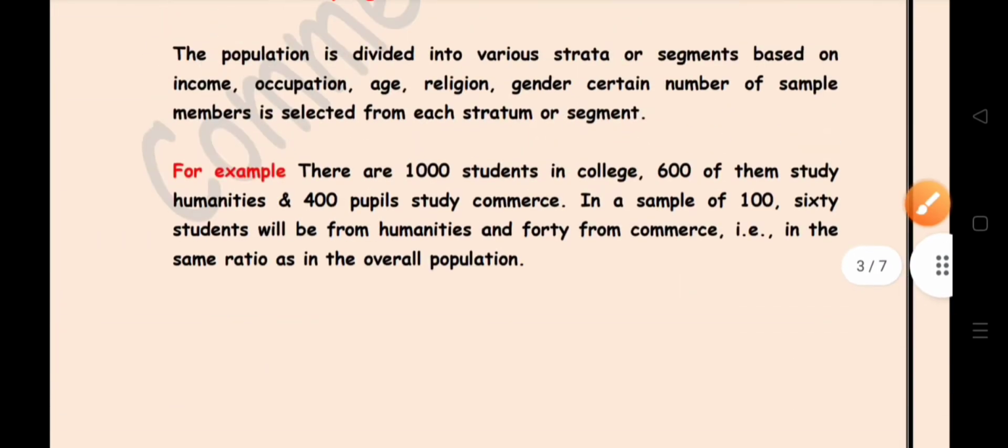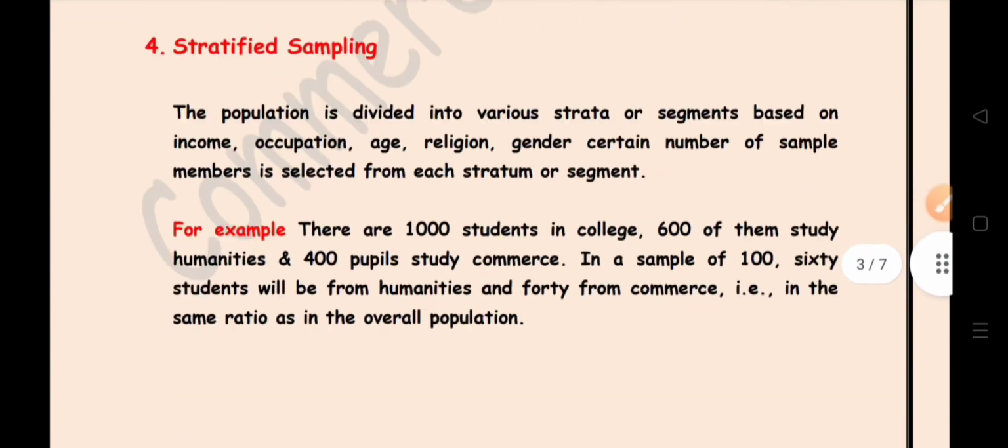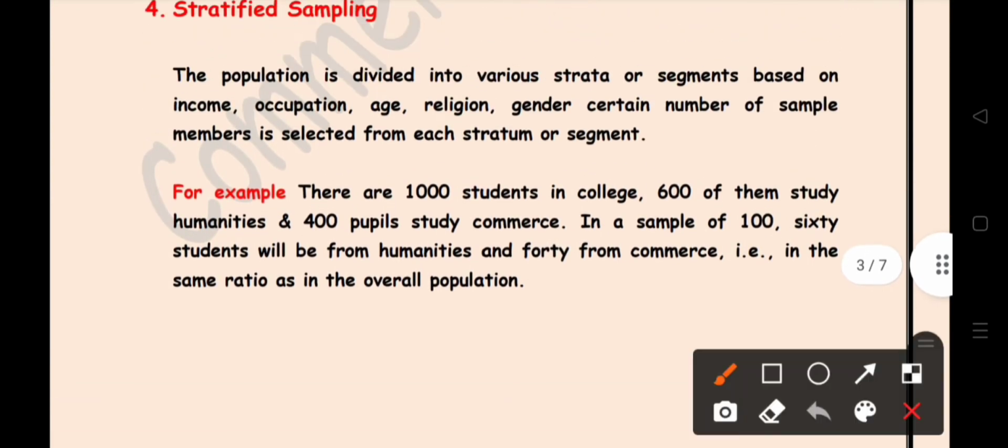Okay, so in this example we have divided the data on heterogeneous characteristics, that is, 1000 students divided into 600 studying humanities and 400 studying commerce.